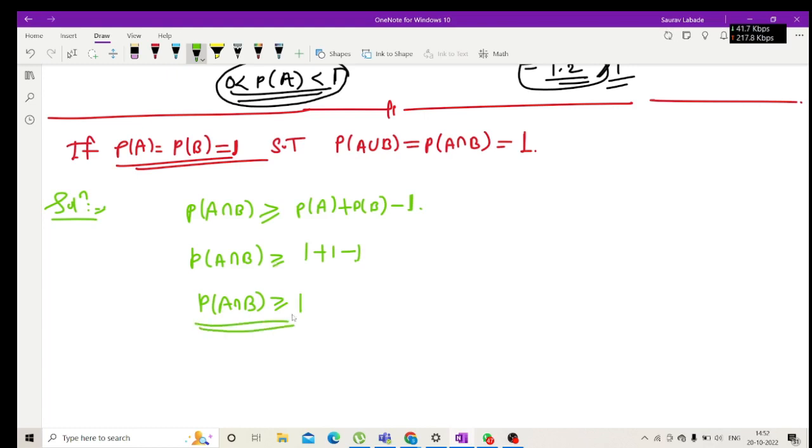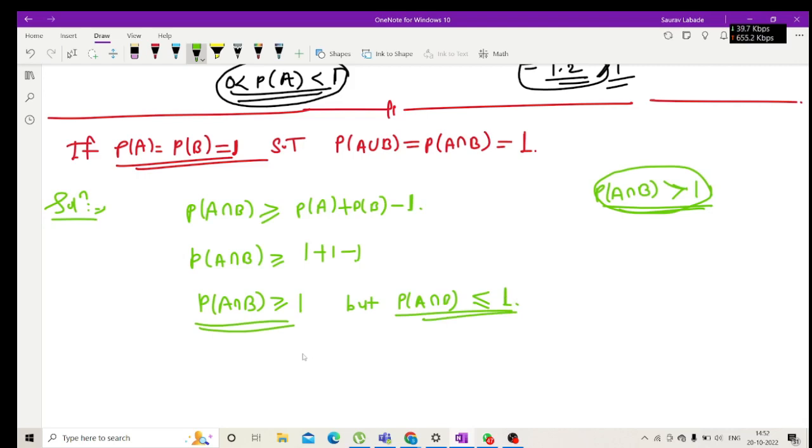But is this possible? It is greater than or equal to 1, but can the probability of A intersection B be greater than 1? It cannot be greater than 1, right? So the probability of A intersection B is less than or equal to 1.